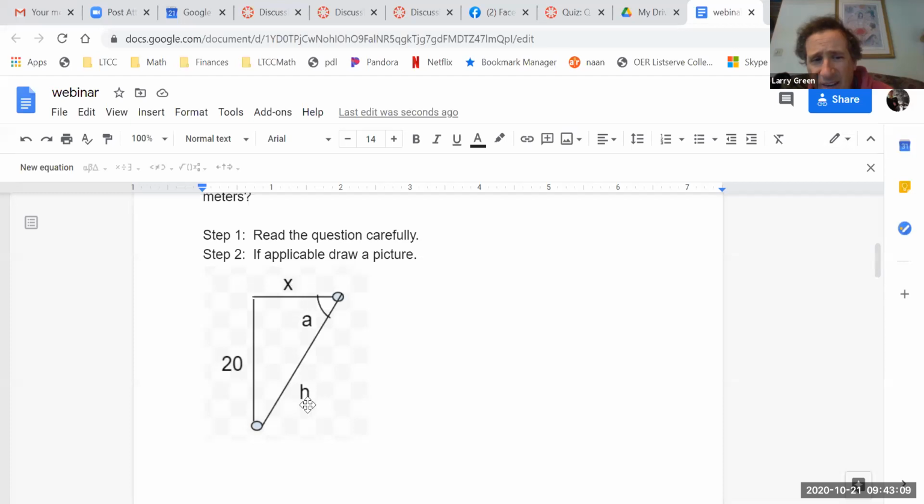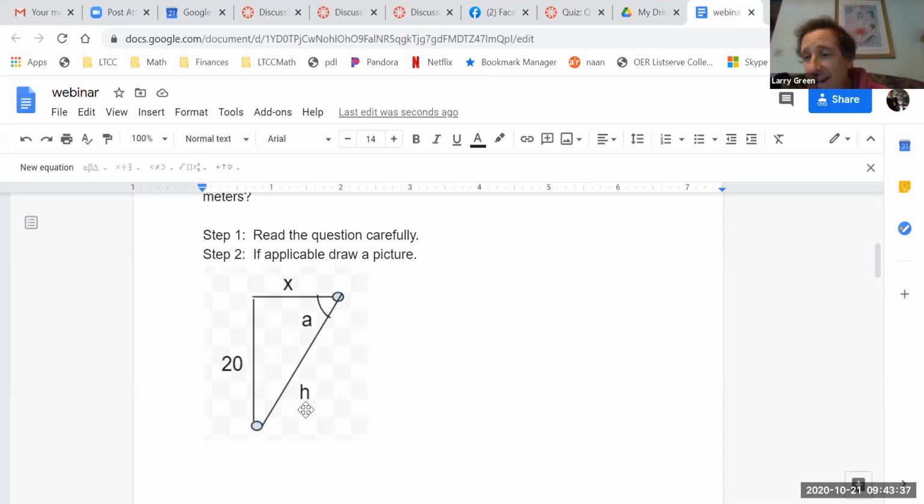Okay, do we know H? Yeah, we find it. How do we find H? Think Greek. Pythagorean. Yeah, we use the Pythagorean theorem. So H is going to be the square root of 20 squared plus 10 squared, which is 10 times the square root of 5.